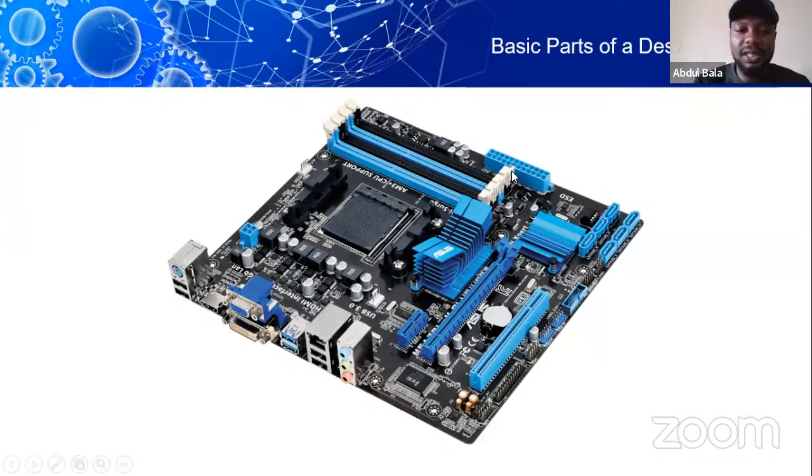So this is what it looks like on the motherboard. We could actually see the processor, the RAM ports, the resistors, the VGA ports, the USB ports, LAN ports, the auxiliary ports, and several other components. We have also the power circuit here.